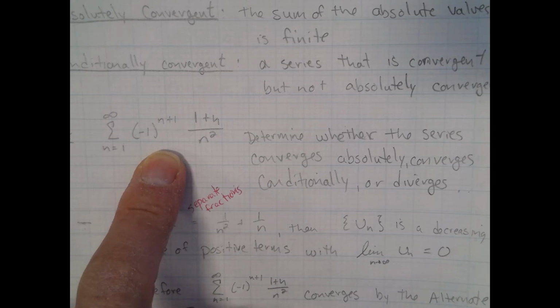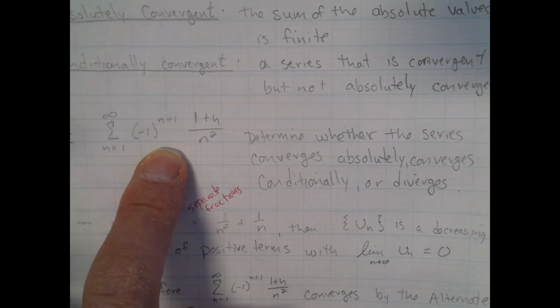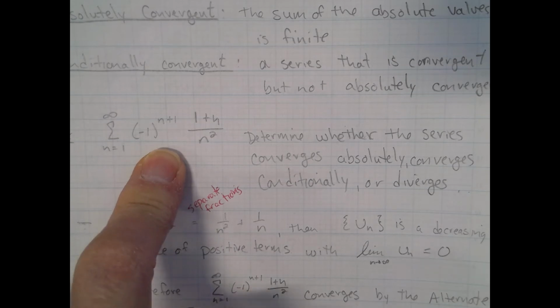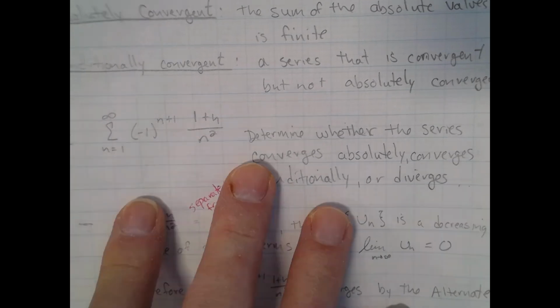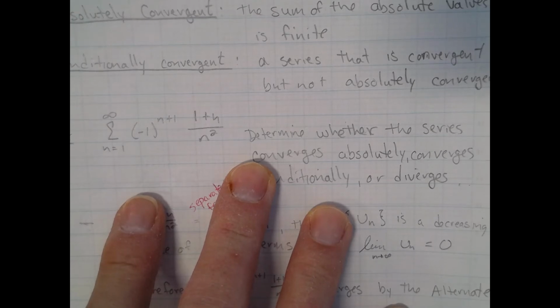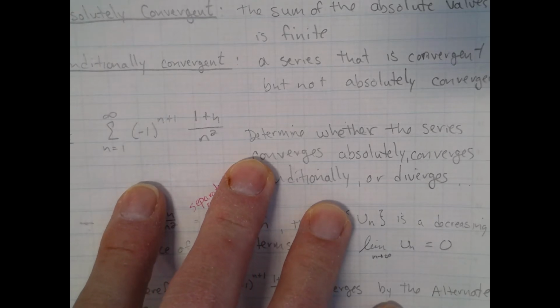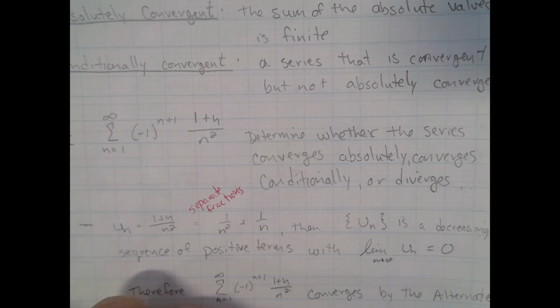Does it converge absolutely? No, and we just went through that because we compared it to 1 over n, and 1 over n diverges, so this one diverges. So you would say this series converges conditionally, because it converges, but it doesn't converge absolutely. And that's when they're called conditionally convergent.